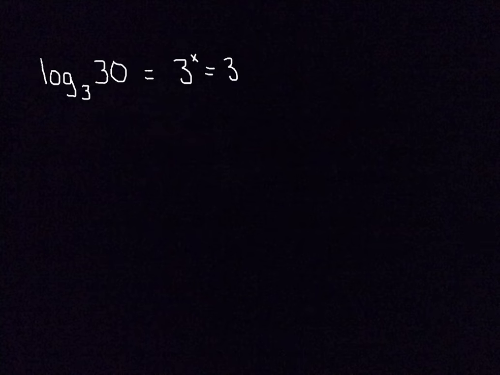Here we have a problem that is not an equation, but we want to evaluate this if we can. What is the log of 30 in base 3? Let's think of it this way. This is the same thing as 3 to what power is equal to 30. That's what this really means.